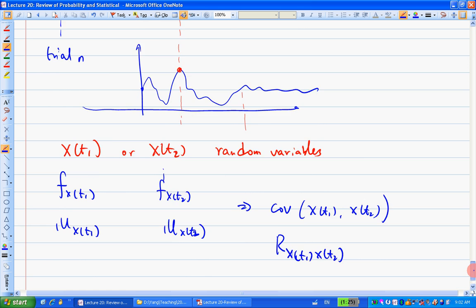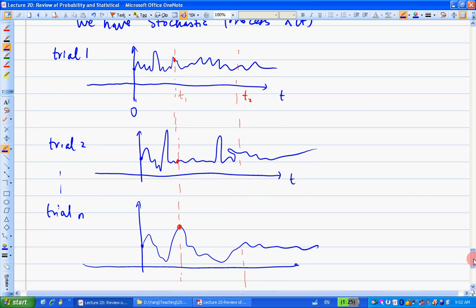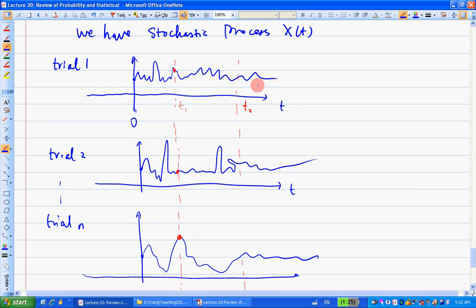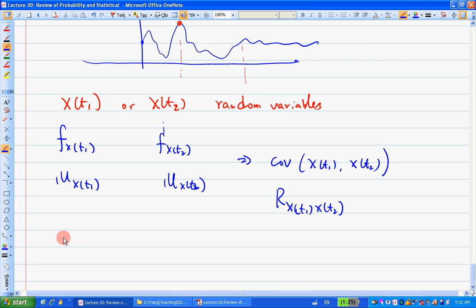Now, essentially, the stochastic process: you look at this one here, it's a process. You can write x of t as a small x of t and s.